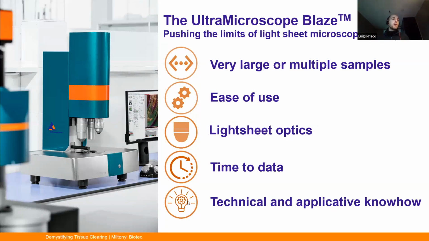The microscope just got a lot faster than what it used to be, and I will cover that in a minute. Another point that we always like to mention is technical and applicative know-how. We are not just an instrument provider, but as Afshin nicely explained, we cover the entire workflow, and we are always happy to help users who require help at any of the steps of this 3D imaging workflow, no matter if it's staining or clearing or imaging.